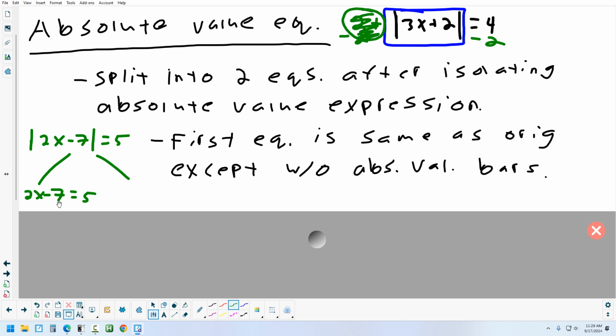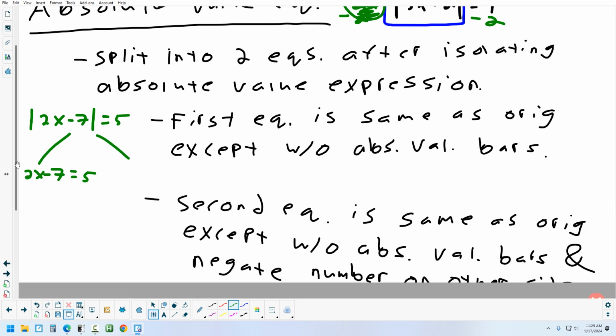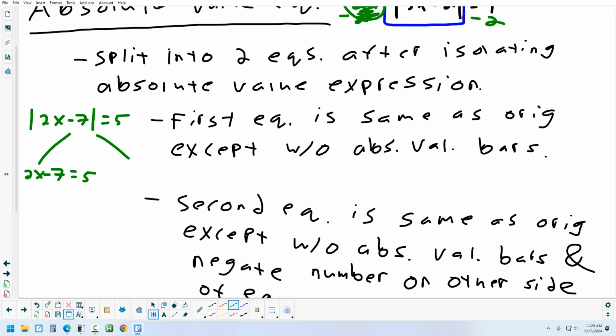So you just copy the equation without the bars. The second one, you're going to copy the equation without the bars again, but you're going to make the number on the other side the opposite. Okay? That's what that means. Change the sign of the number on the other side. So in this case, 2x minus 7 equals negative 5, and now you solve it.